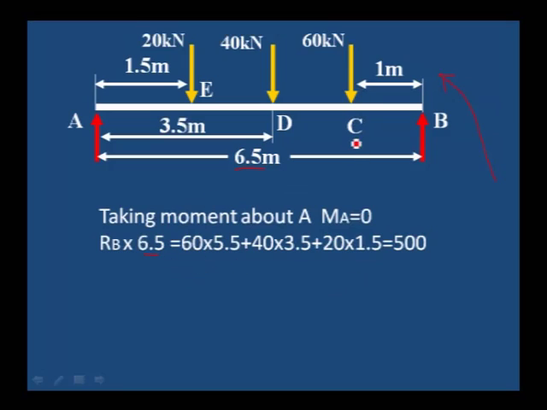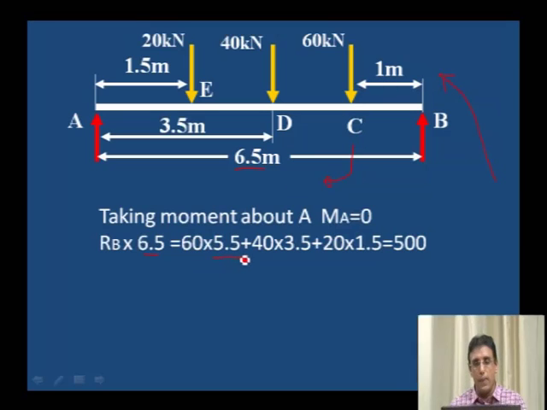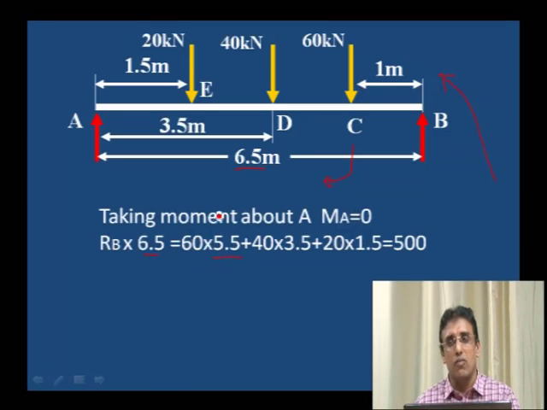60 into, this is clockwise moment, 60 into distance from A, C to A. Total distance is 6.5 minus 1 meter, 5.5. 5.5 into 60.